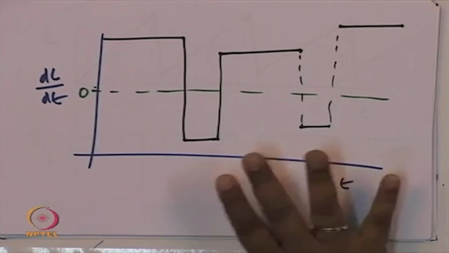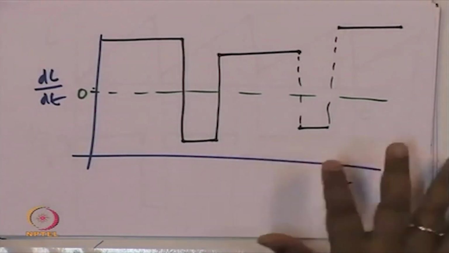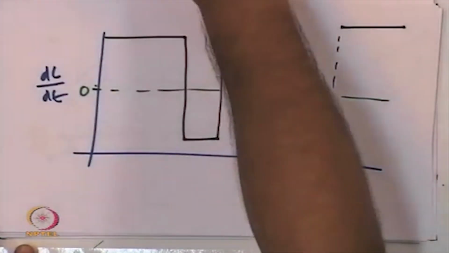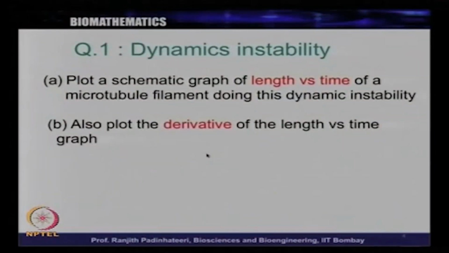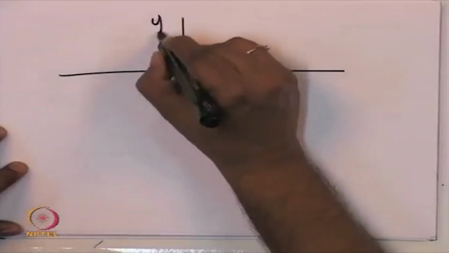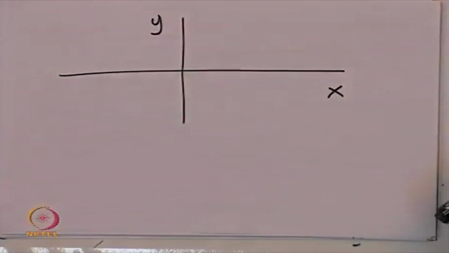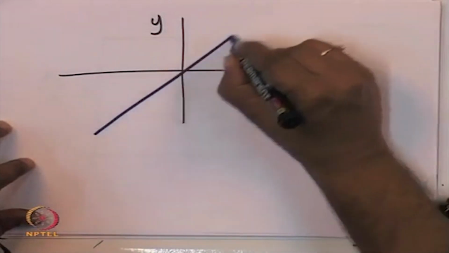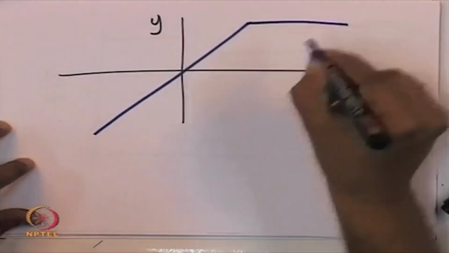Talking about drawing a function and its derivative, there is another interesting question which you should also know. For example, let us think of y and x, and let me draw a function in this particular way.